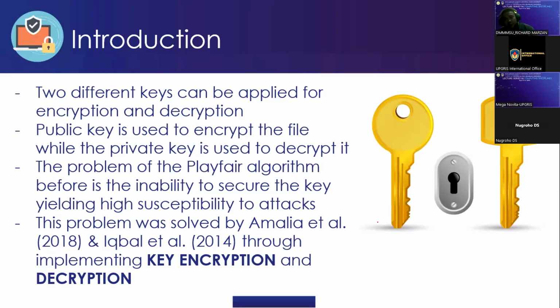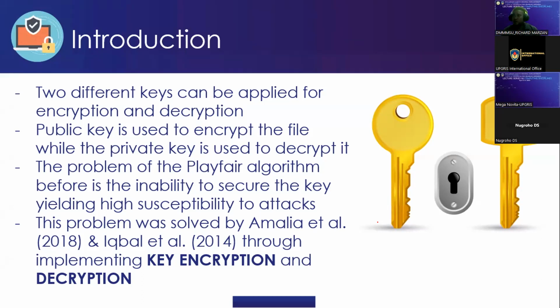The cipher uses a key, but the problem is that the key is not encrypted. There are different studies in which the Playfair cipher already encrypts the key. Here are some examples: two different keys can be applied for encryption and decryption. A public key is used to encrypt the file, while the private key is used to decrypt it.